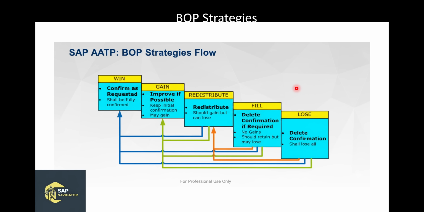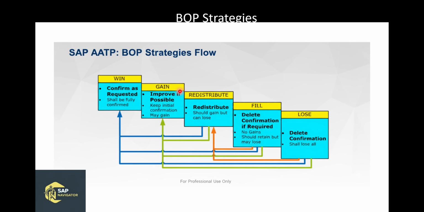Then that sales order comes under lose category. Once the BOP run is completed, it will lose all the confirmed quantity. It doesn't mean there is a requirement to allocate stock to this category. Whether we have a requirement or not, it will lose.